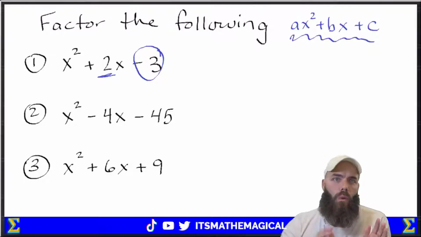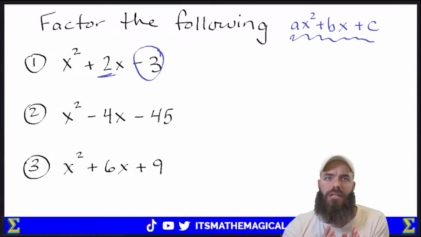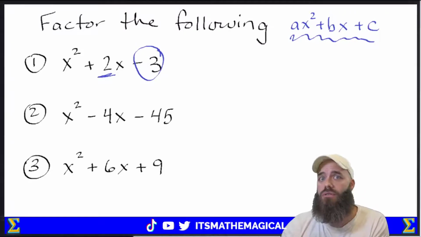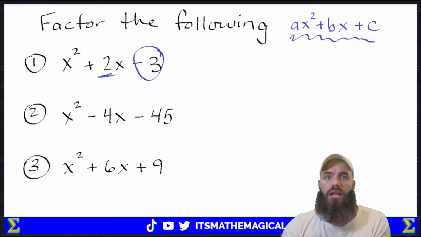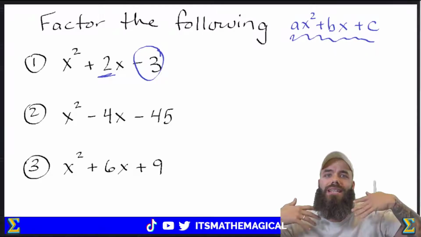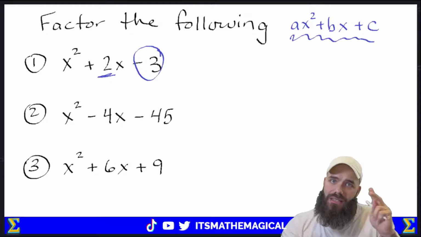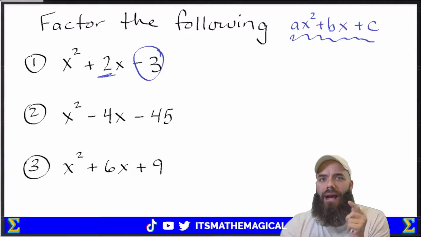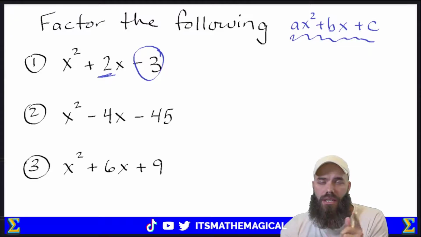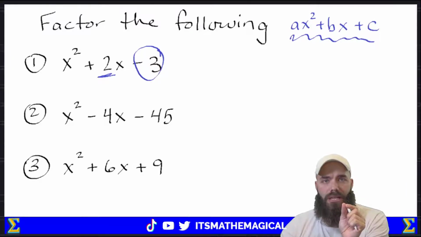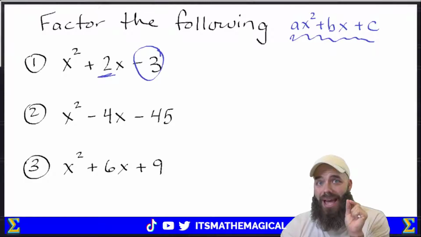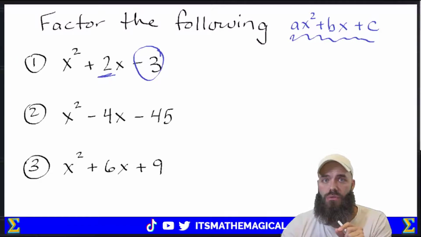So think about what we're asking here. We need two numbers that multiply to give -3. Well, 3 is prime. The only factors of 3 are 3 and 1. We want two numbers to multiply to give -3, so one of those two factors must be negative, the other positive. So how can I combine a 1 and a 3 to multiply to give me -3 and at the same time add to give me +2?